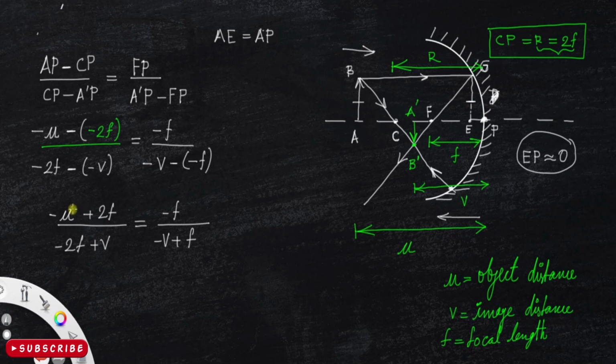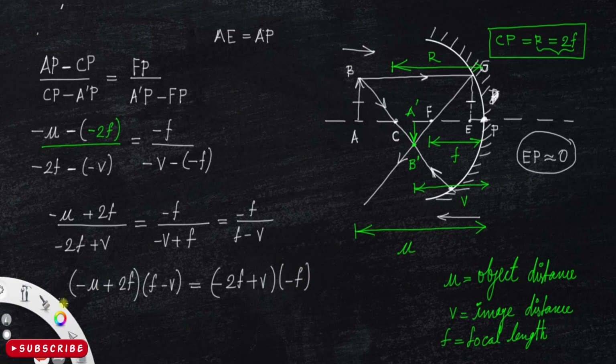Now, if you cross multiply, minus U into F is minus UF, minus U into minus V equal to UV, plus 2F into F is 2F square, minus 2F into V is minus 2FV.